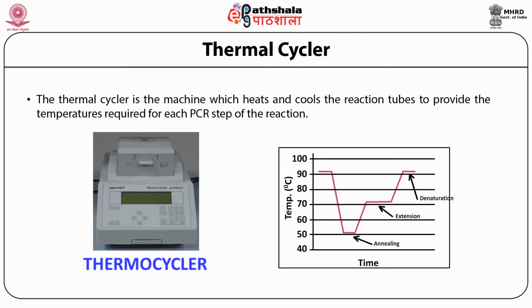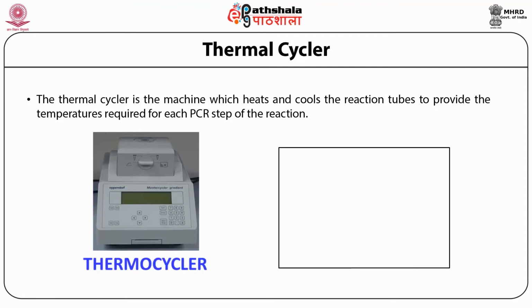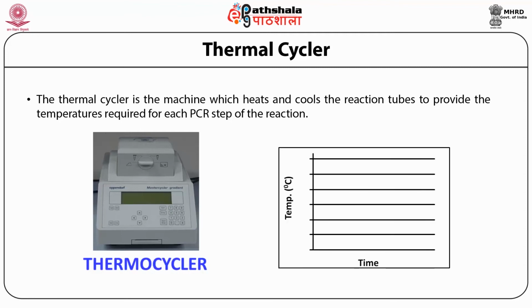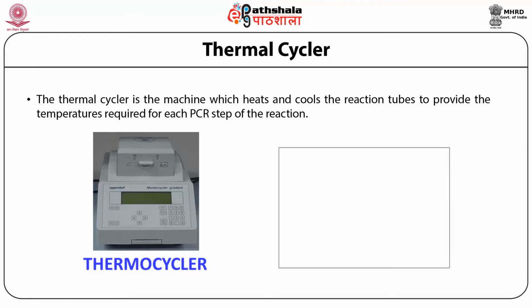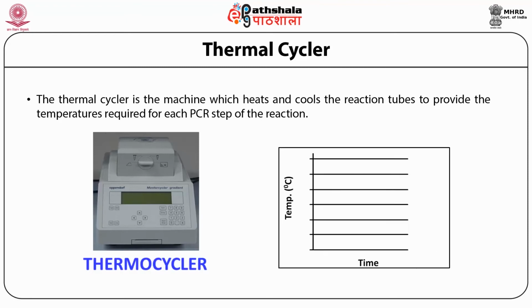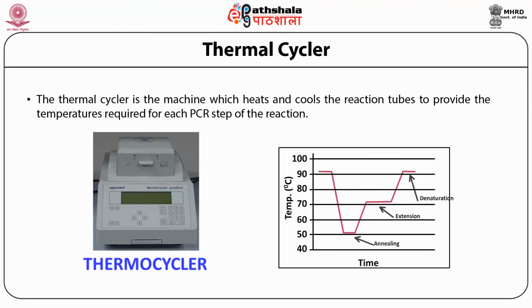This is particularly useful when testing a suitable annealing temperature for PCR primers. Thermal cyclers are available from a number of companies including Applied Biosystems, Biorad, and Eppendorf.